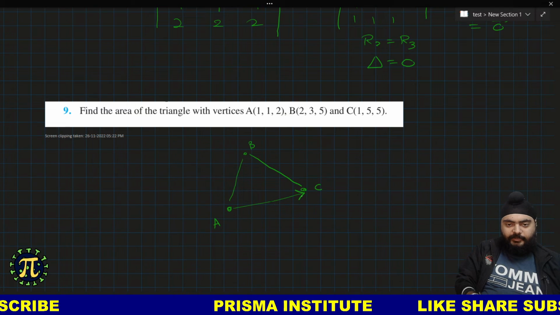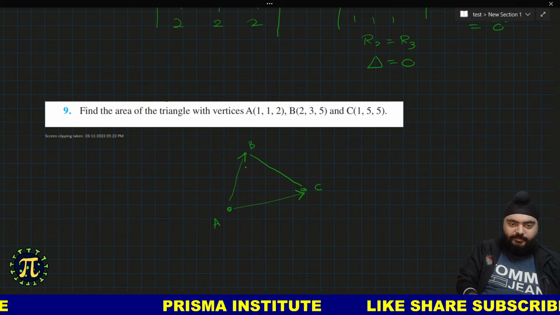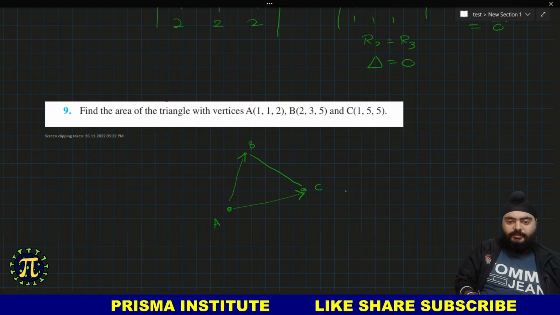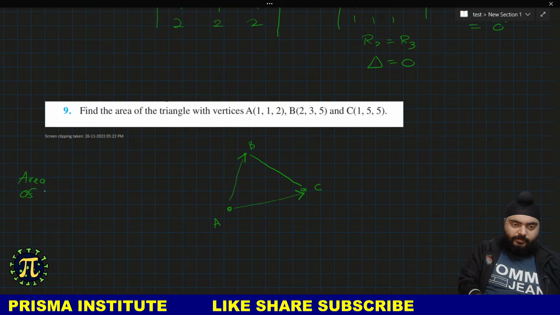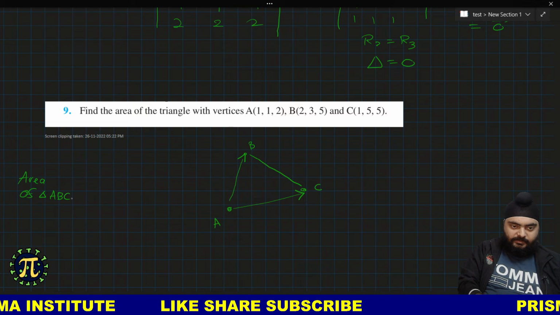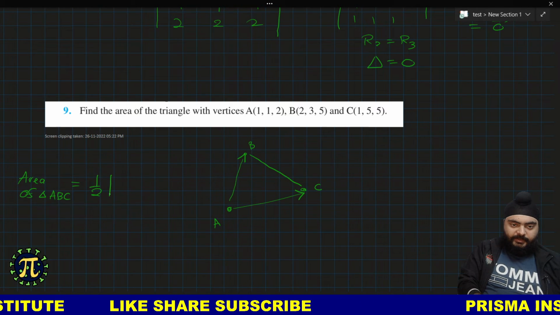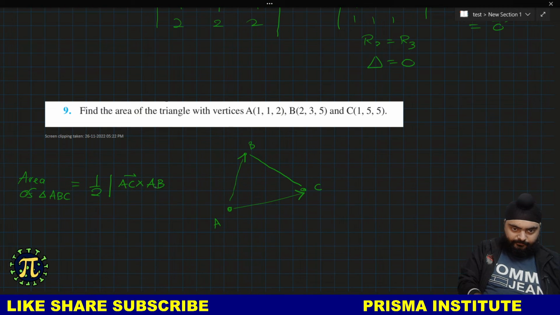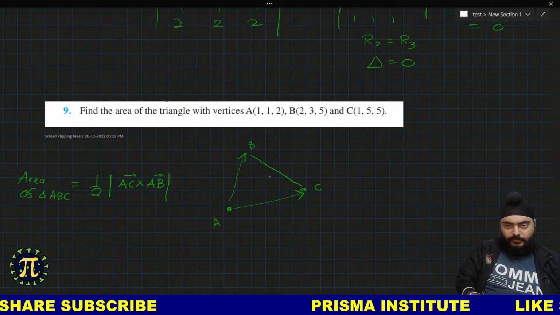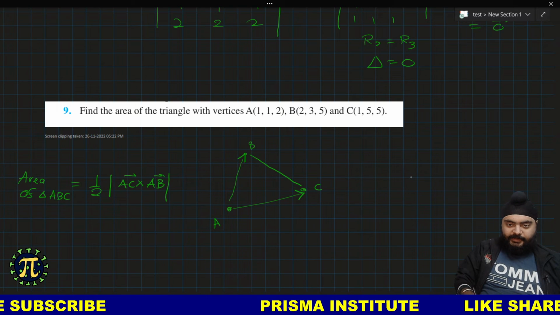We can define any two vectors. Let's define AC and AB vector, and we can define area of triangle ABC as half of magnitude of, let's say, AC cross AB, right?